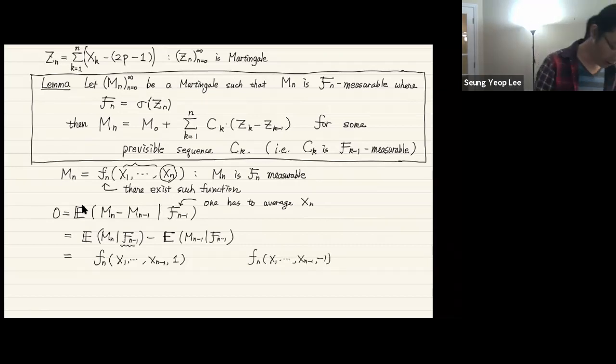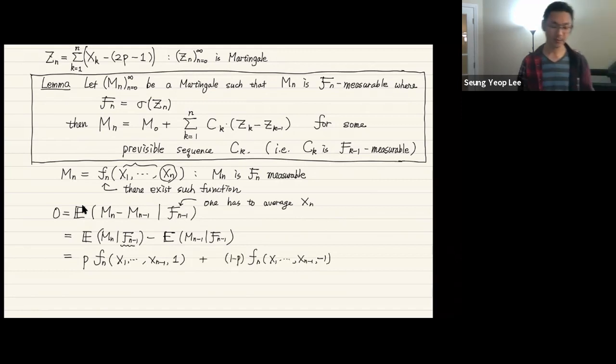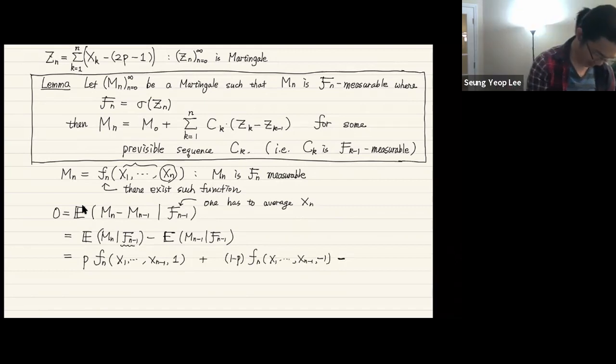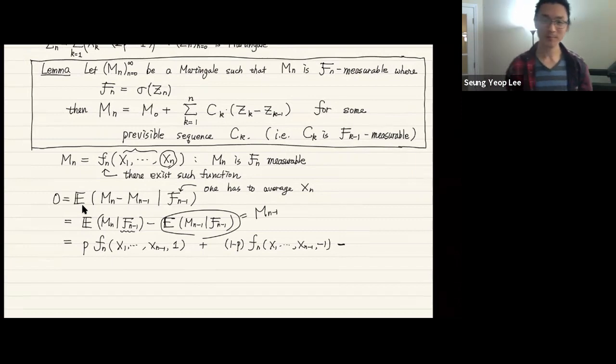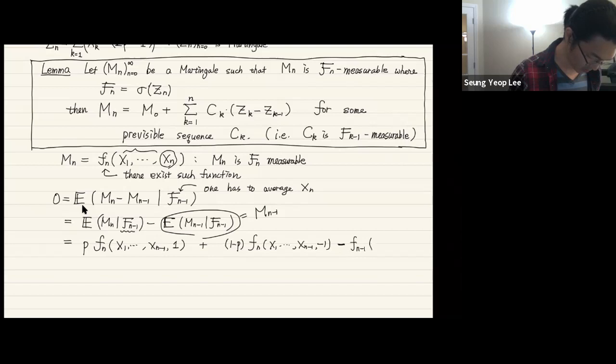The probability to be 1 is p, the probability to be minus 1 is 1 minus p. That's the first term. What's the second term? The second term is the expectation of, that is defined, and that is just the same as Mn minus 1, conditional probability. And we define that to be Fn minus 1, x1 to xn minus 1. So just using this definition here.